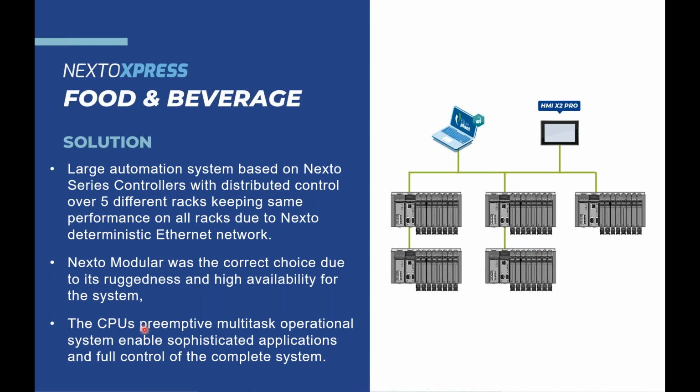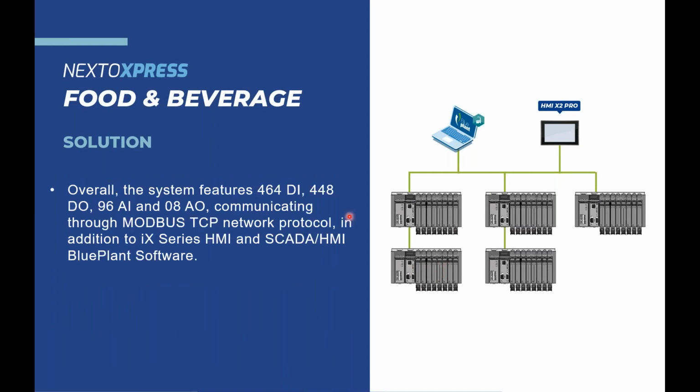And one of the features that made the customer decide for us was the multitask possibilities on the CPUs. Overall in the system we have around 500 digital inputs, around 450 digital outputs, 96 analog inputs, and 8 analog outputs.